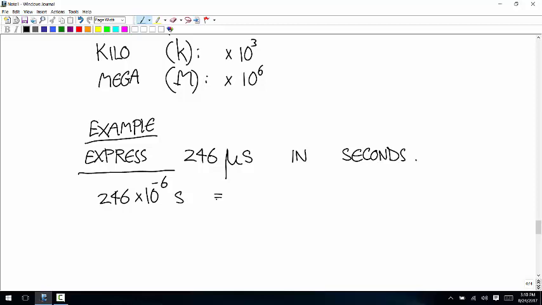And if we divide this first part by 100, but we want to keep the whole thing the same number, that means we have to multiply the second half by 100. So that gives 2.46 times 10 to the minus 4 seconds.